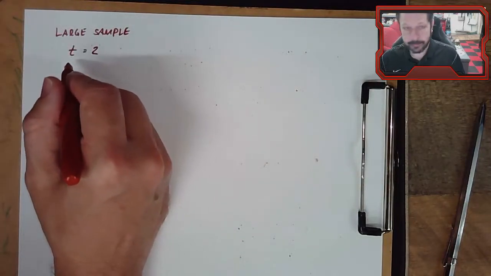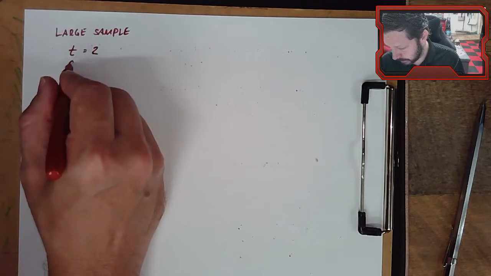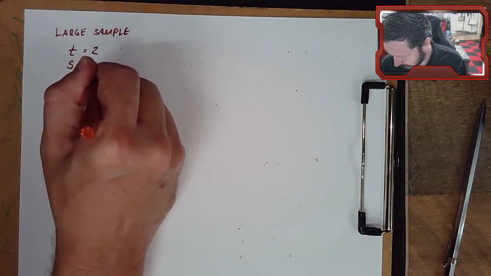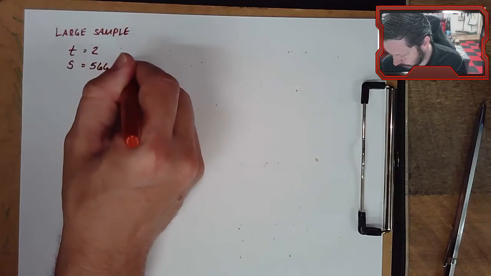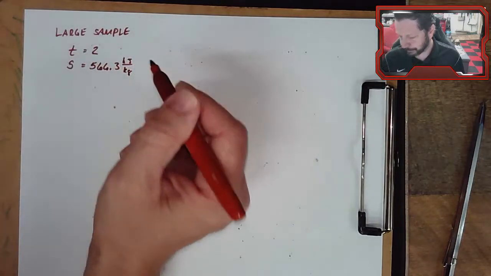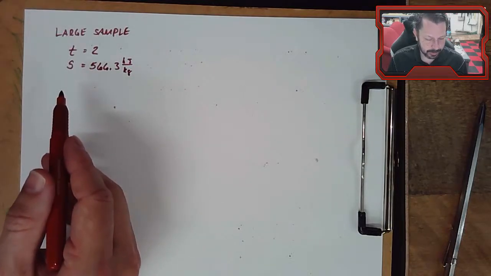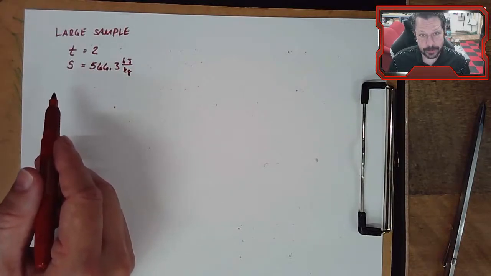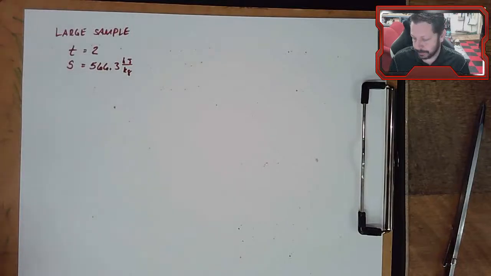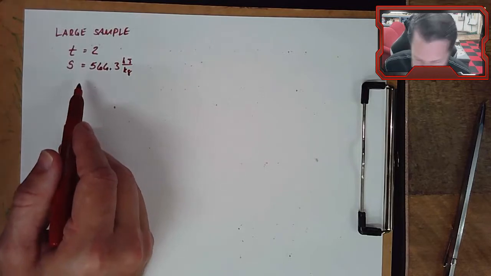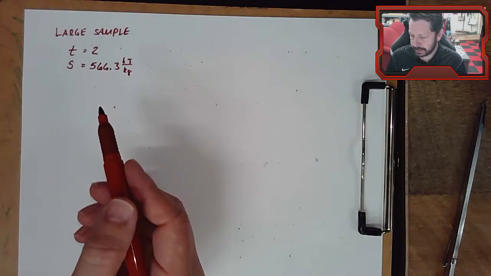And then we calculated the standard deviation for this large sample was 566.3 kilojoules per kilogram. It's not always going to be the same as the standard deviation for the smaller sample you take. That's just the way we did it here so that you don't have to go find another number. So there's this t and s.